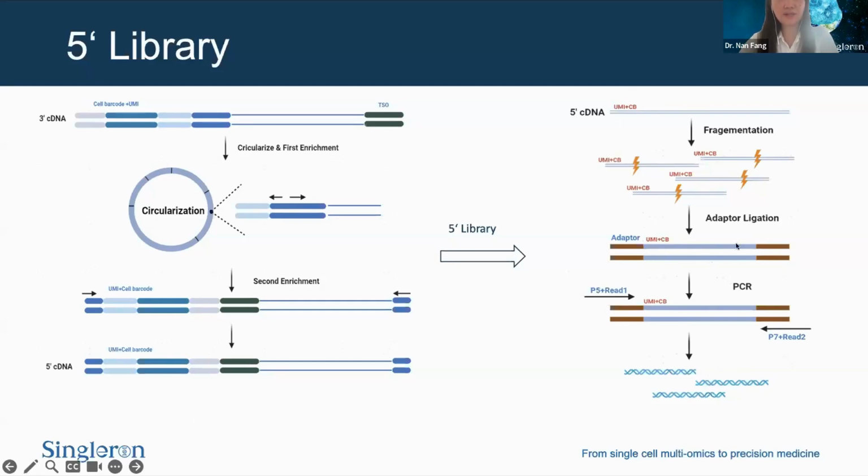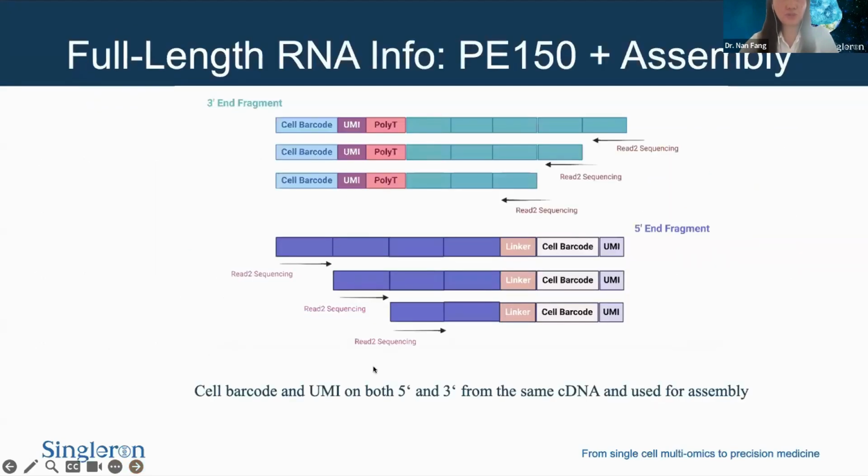so that if we combine both 3' and 5' libraries, we now have a mixture of fragments, all of those fragments coming from the same unique transcript from the same single cell. They will have this unique UMI plus cell barcode ID.